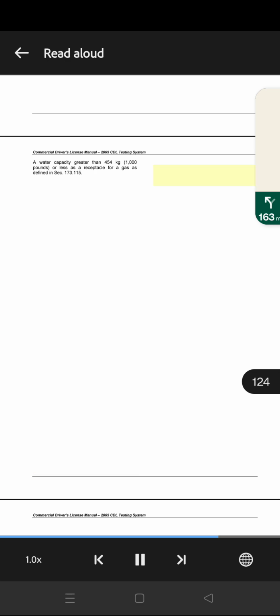Shipping paper, a shipping order, bill of lading, manifest, or other shipping document serving a similar purpose and containing the information required by Sec. 172.202, 172.203, and 172.204. Technical name: a recognized chemical name or microbiological name currently used in scientific and technical handbooks, journals, and texts.